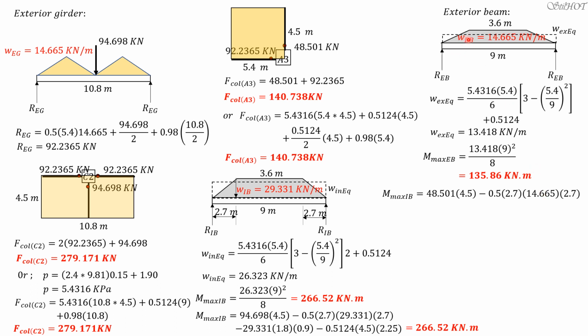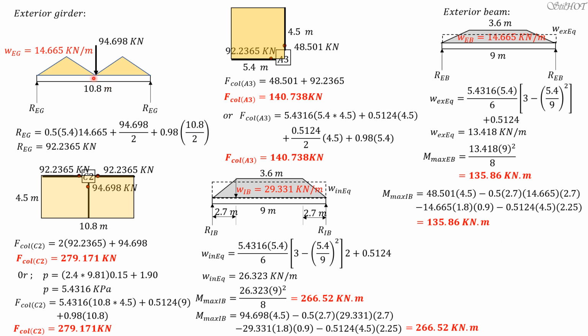The moment arm is 1/3 of 2.7, which is 0.9, plus 1.8, so 2.7 again. Minus the moment of the uniform load, which is 14.665 with a length of only 1.8, half of 3.6, and a moment arm of 0.9. Then minus the moment of the weight of the beam, 0.5124 times 4.5 times 2.55. Calculating this value, it should also be equal to 135.86 kilonewton meter.